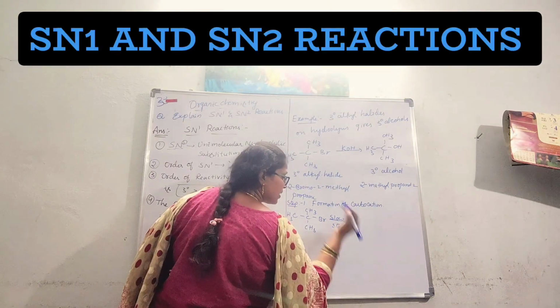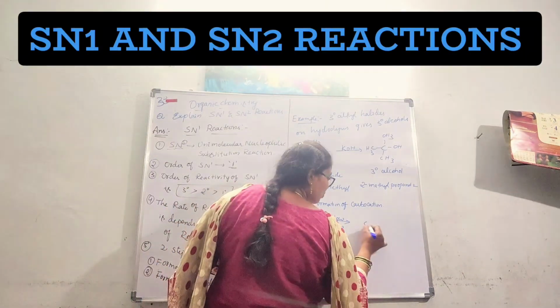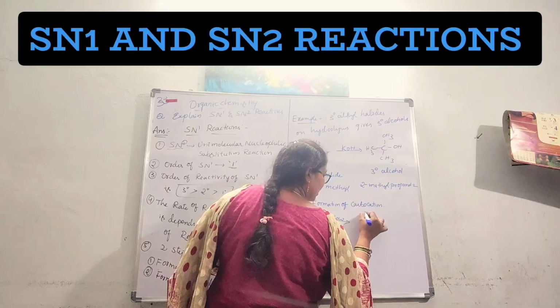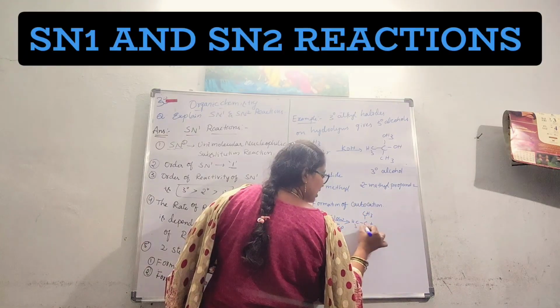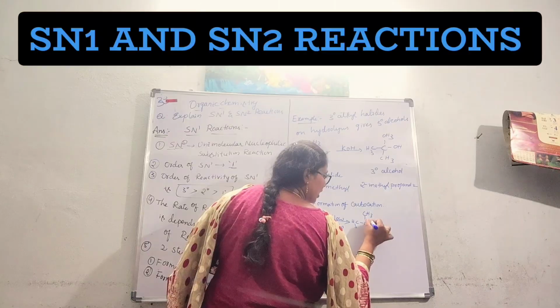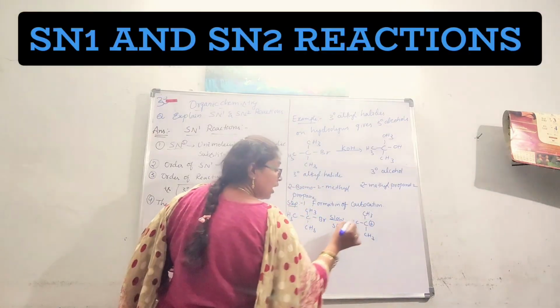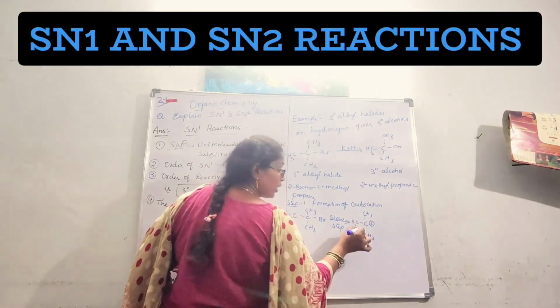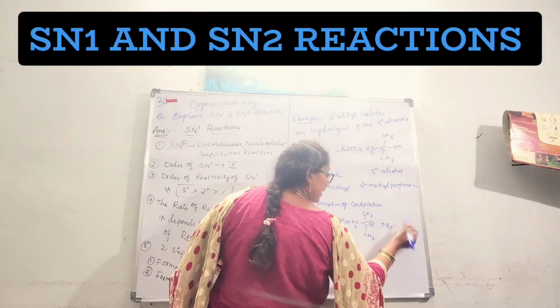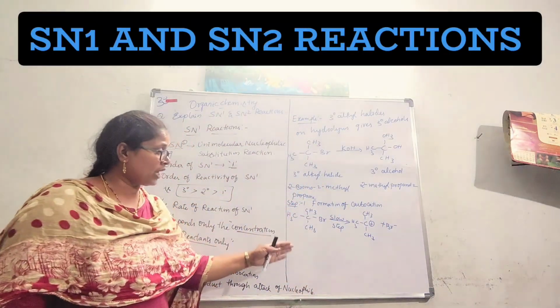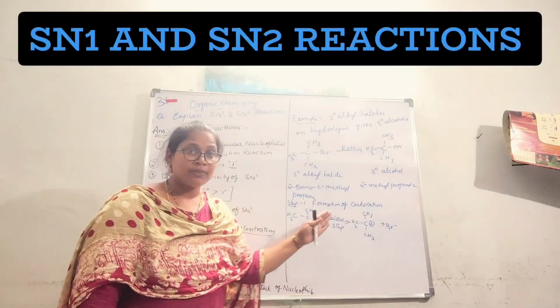There is formation of the most stable carbocation, (CH3)3C+. This is the carbocation, the carbon bearing a positive charge, and this is a tertiary carbocation, which is very stable, along with Br minus. So formation of carbocation is the first step.